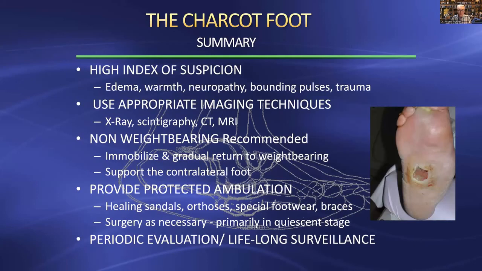Use appropriate imaging techniques, usually an X-ray, and a high degree of suspicion is all that's required. Non-weight bearing is recommended, at least in my point of view, immobilized generally with a cast or removable cast walker, and a very gradual return to weight bearing. And I emphasize gradual, because you can always reinstitute that inflammatory process, and always support the contralateral foot, which is also at risk.